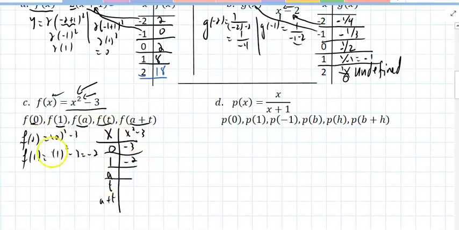What if I put a? Well, isn't it just whatever x is, you put it right there. So isn't that a squared minus 3? How about f of t? Well, isn't that t squared minus 3?